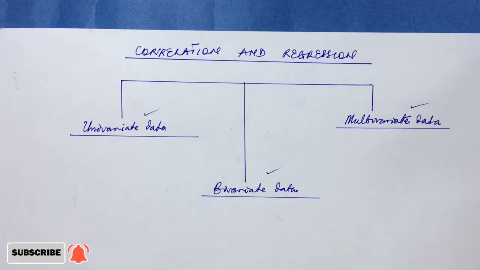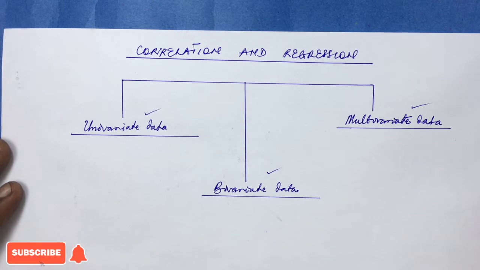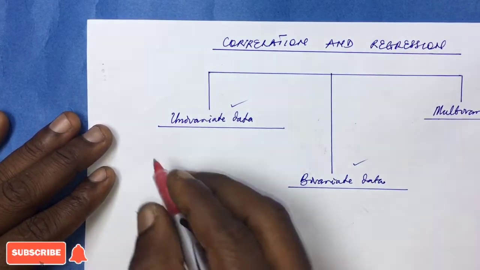So what is a univariate data? Now I'm going to explain each of them, giving you real life examples of what we mean. Let's start with the first one.